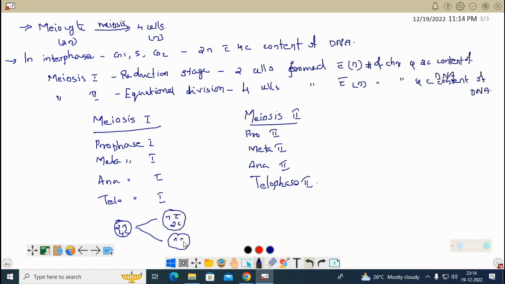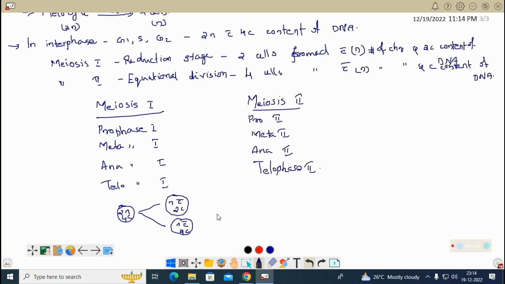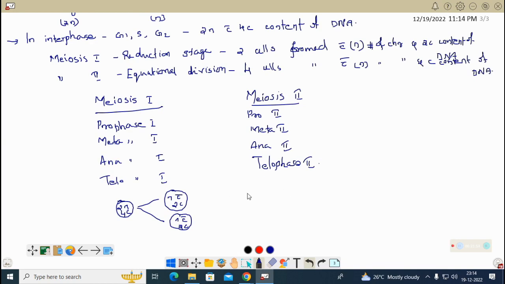Now, in meiosis 2, this cell will undergo further division into 2, and we can see it will form 2 cells here, and these 2 cells will have n number of chromosomes with C content of DNA.